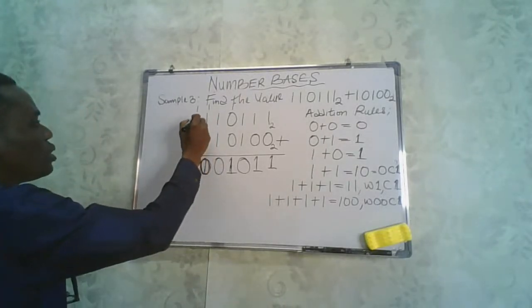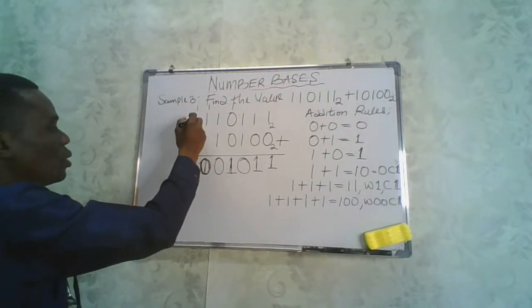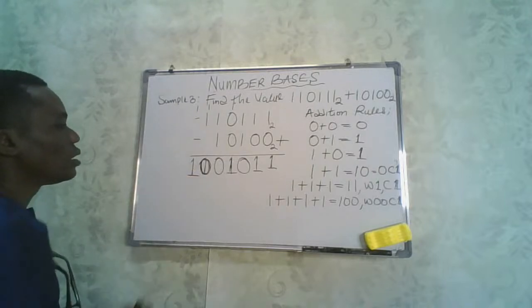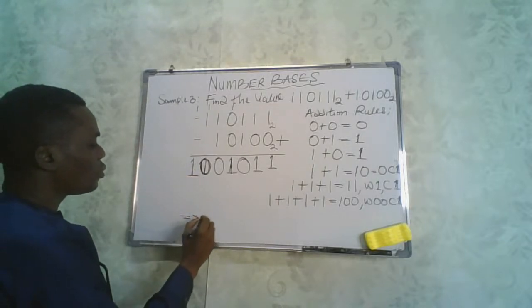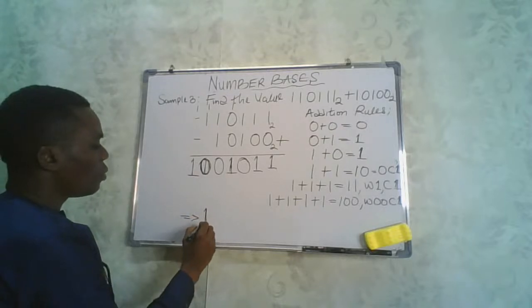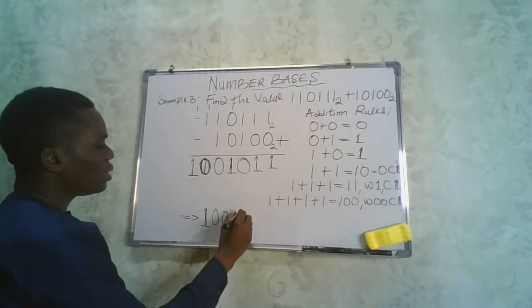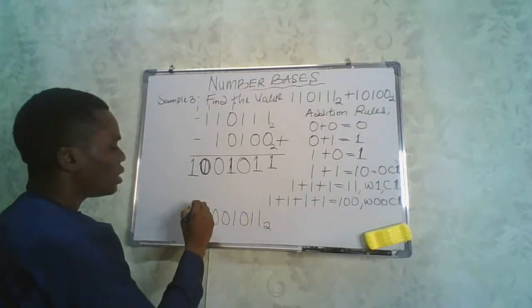Now, at this point, you see nothing exists here and nothing exists here. So 1 plus 0 is going to give us 1. So the solution to this question, the addition of those two numbers in base 2, is 1001011, and it's in base 2.